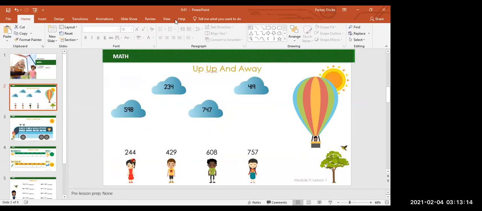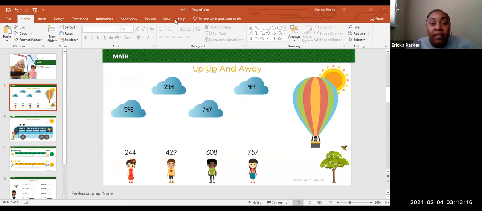And you have guessed it. These are 3-digit numbers. I told some of you that instead of adding just 2 digits, we would be adding 3 digits now.